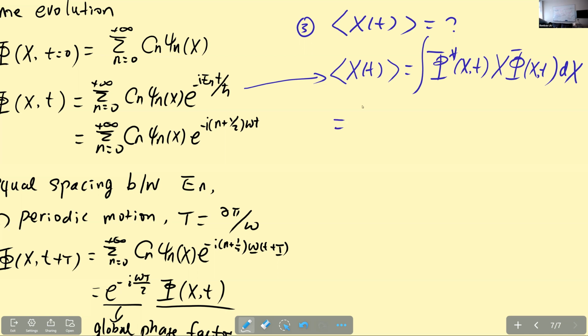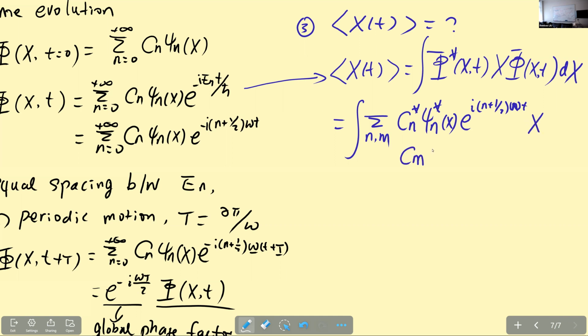So that will equal the summation over m and n of C_m complex conjugate and C_n, where the complex conjugate of minus i is just i, with (m plus half) omega t, and then times x, and then times C_n with e to minus i (n plus half) omega t, right? And do the integration.